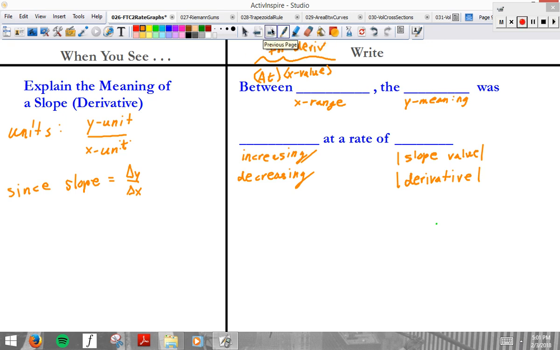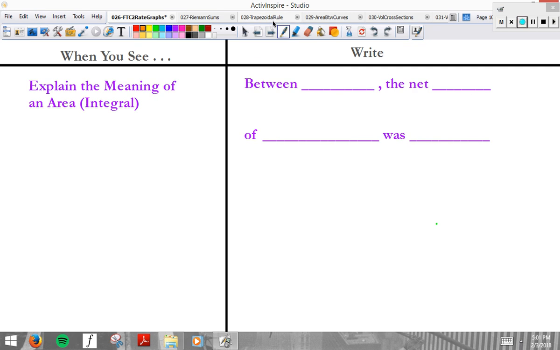Okay, next. Explain the meaning of an area or integral. This one's the hardest one for sure. Very careful about these questions, because explaining the meaning is usually the hardest. The units will be a very good guide here. That would be an x unit times a y unit.